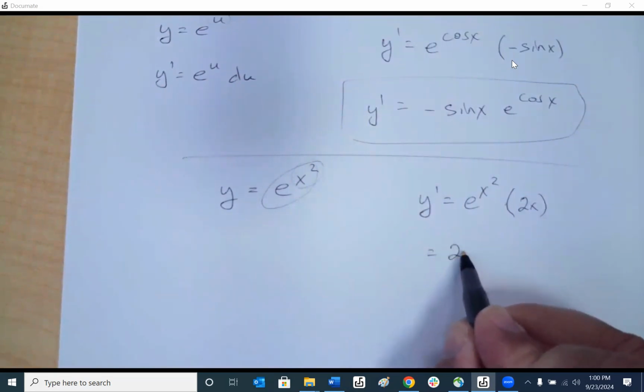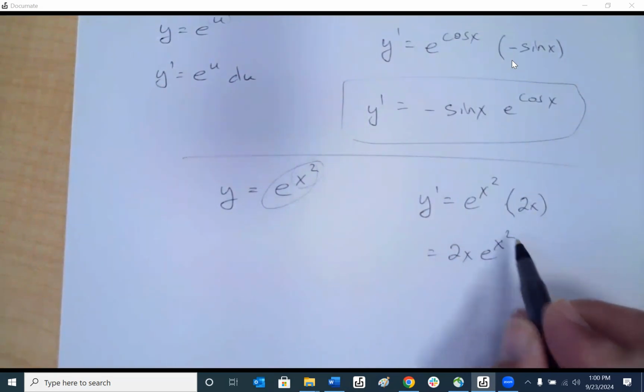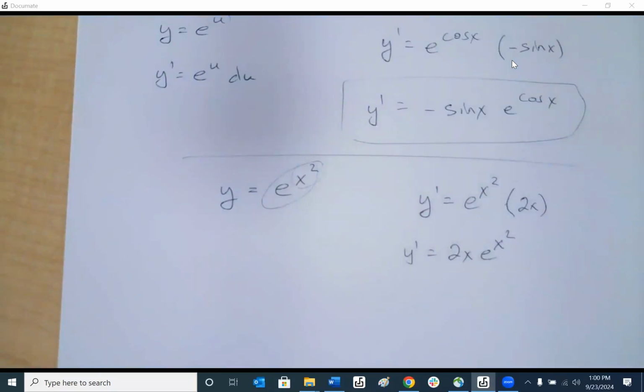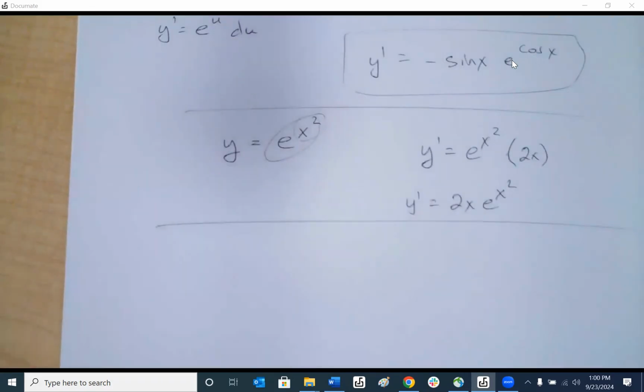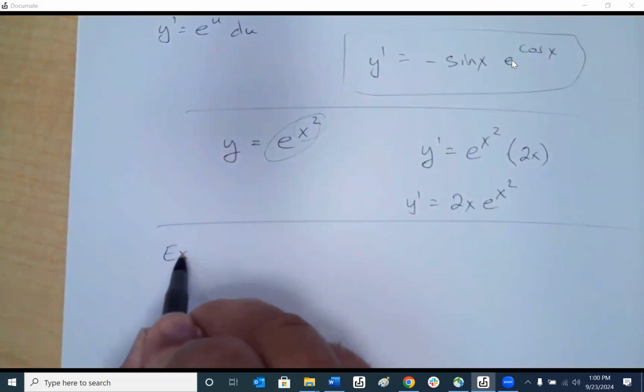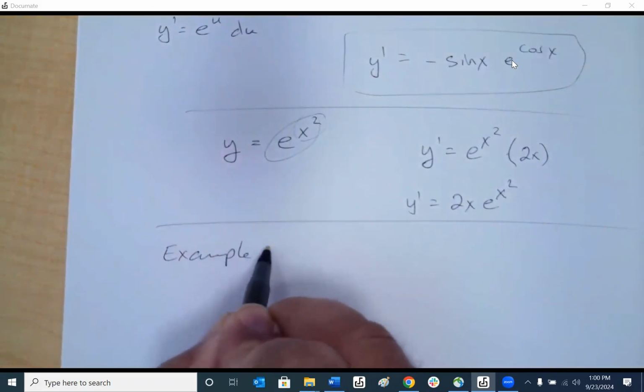So that's your answer, 2x e to the power x squared. What do y'all think so far? Am I going too fast or is this pretty straightforward? Didn't I tell you that this stuff's going to get a lot easier?